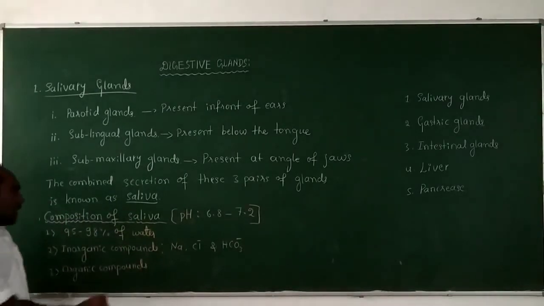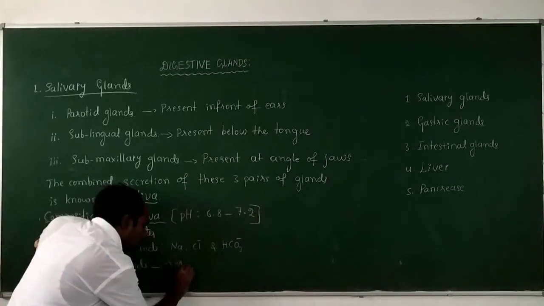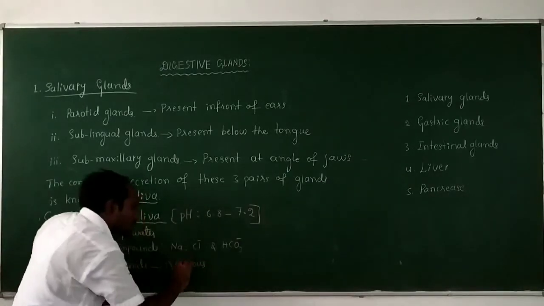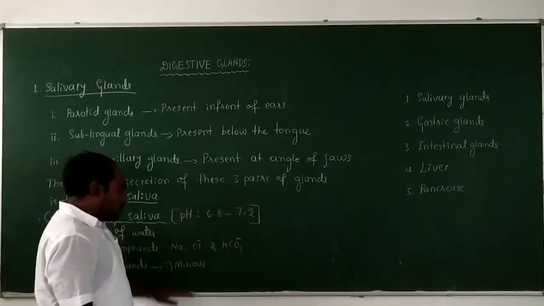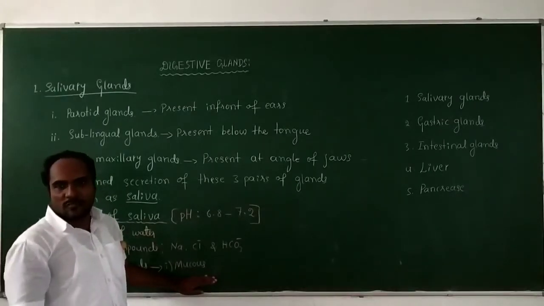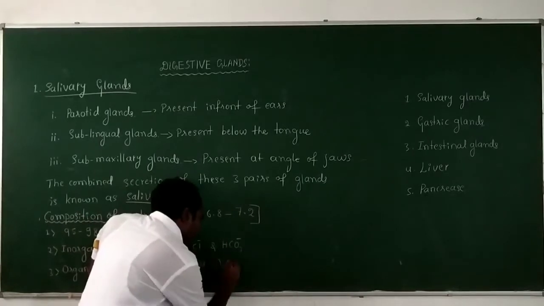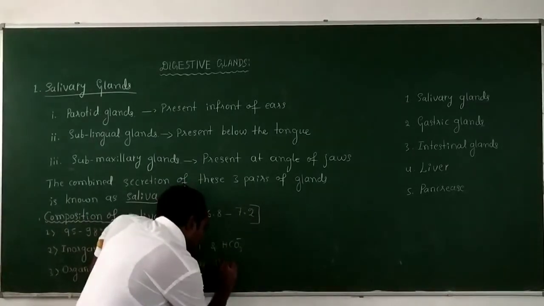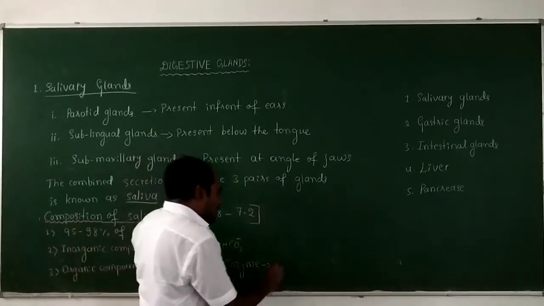And what are those organic compounds? First one is mucus. Mucus is an organic compound found in the saliva. I have already told you what mucus is. Mucus is made up of lipids. And also it contains some enzymes. What is that enzyme?